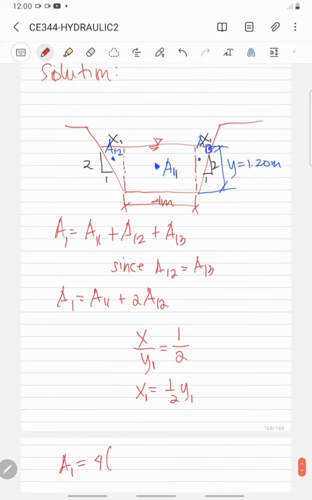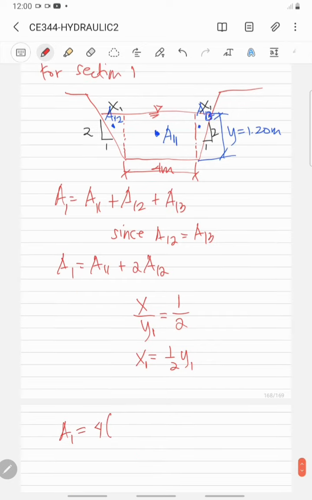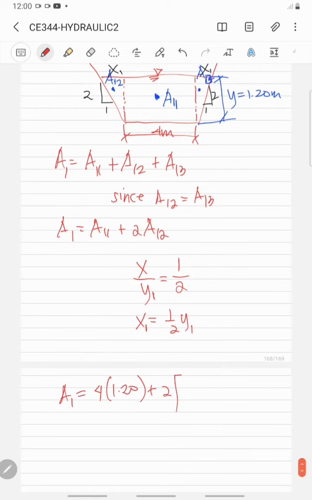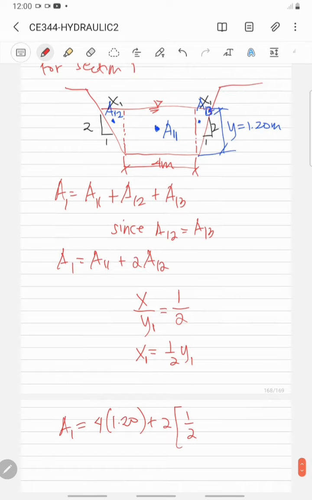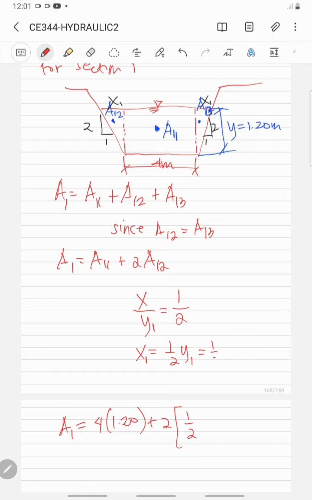That is for section 1. So we have 4 times 1.2 plus 2 times the area of a triangle, 1/2 base times height. For x1, since our y1 is 1.2, x1 is 0.6 meters.